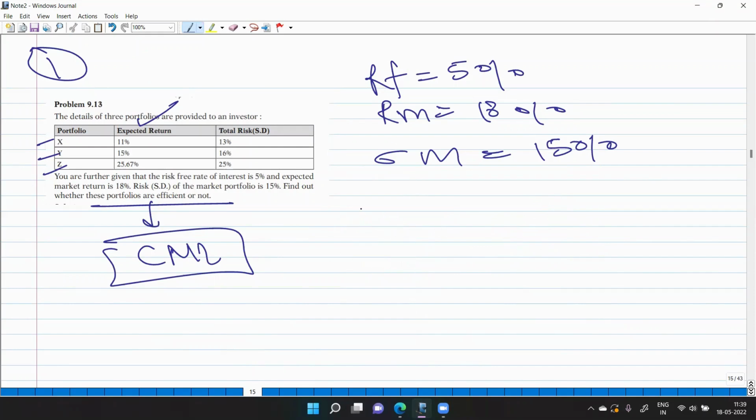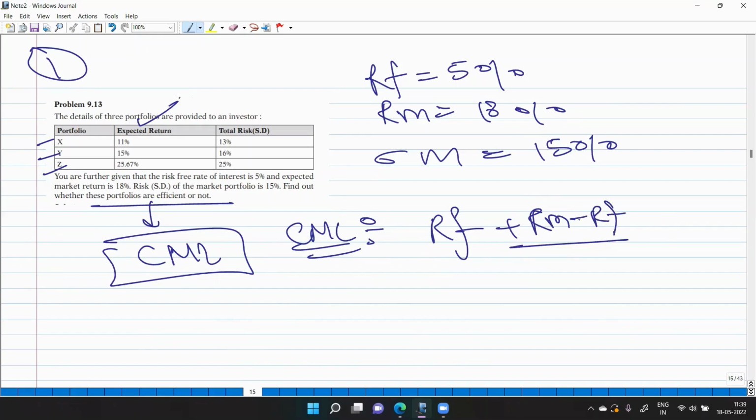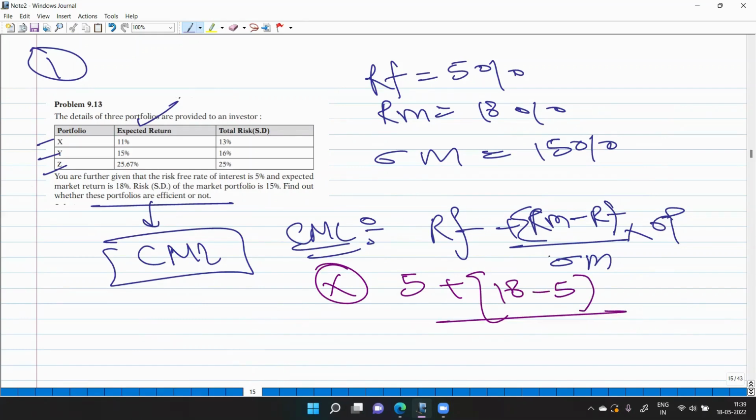What is the formula of CML? CML का formula होता है RF plus (RM minus RF) divided by sigma M, into this. ठीक है, so we will be calculating for each portfolio. I will be calculating only for one: RF plus RM, that is 18 minus 5, divided by sigma M, that is market risk, 15, into portfolio risk, that is 13.